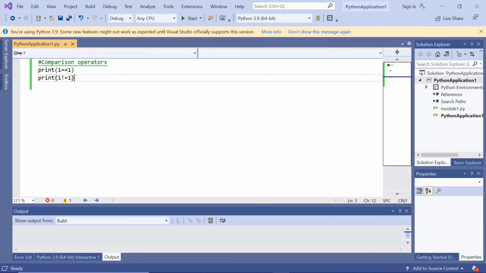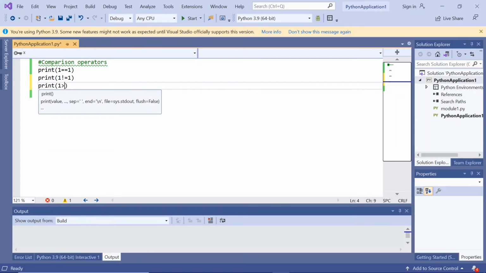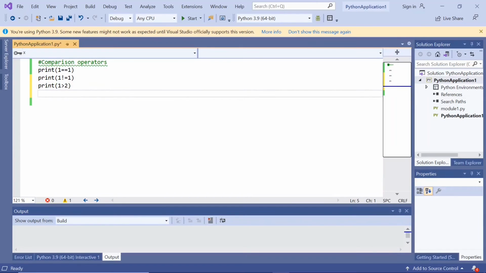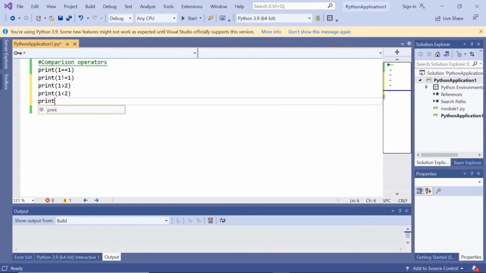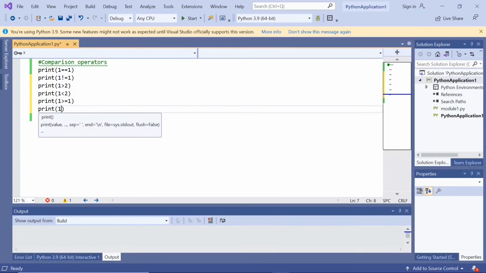So let us see other comparisons. Print 1 is greater than 2, print 1 is less than 2, print 1 is greater than or equal to 1, print 1 is greater than or equal to 2.